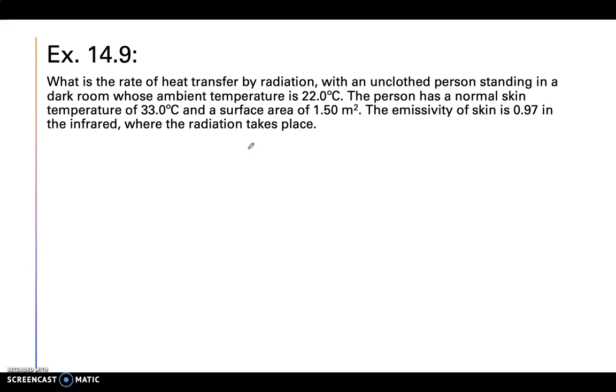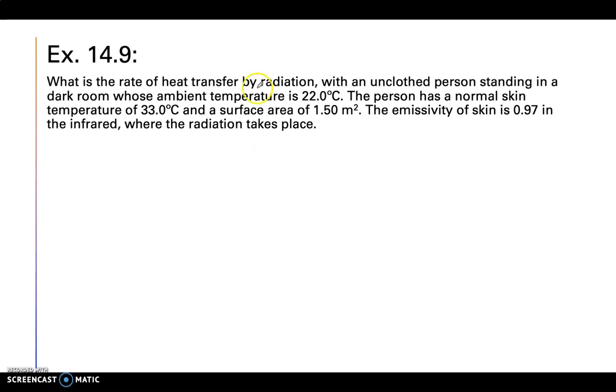It asks, what is the rate of heat transfer by radiation with an unclothed person standing in a dark room whose ambient temperature is 22 degrees Celsius? The person has a normal skin temperature of 33 degrees Celsius and a surface area of 1.5 meters squared. The emissivity of the skin is 0.97 in the infrared, where the radiation takes place.